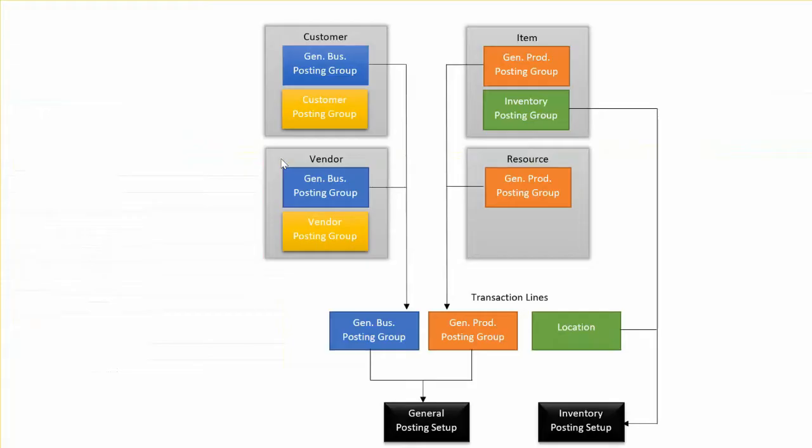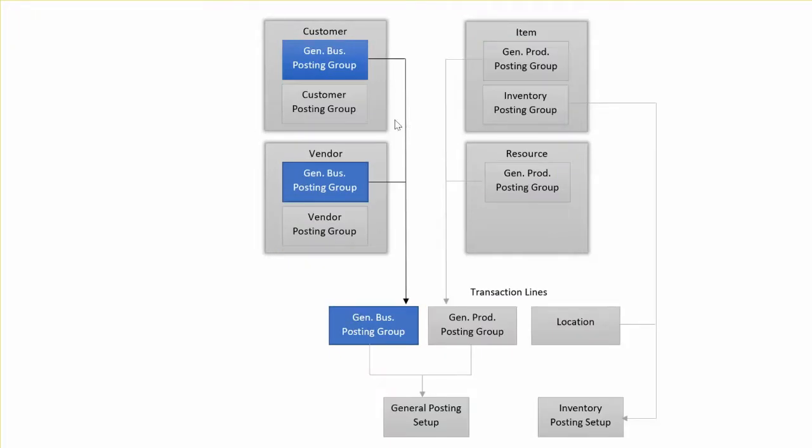Okay, so let's take a look. This is an overall flow of how the business posting groups populate. And we have transaction lines here. So we're talking about a purchase order or a sales order, something like that. The business posting group is set up as default on the customer or vendor cards. So whenever you choose an item or a resource on a line, that information will automatically default from the customer or vendor card onto the specific line.